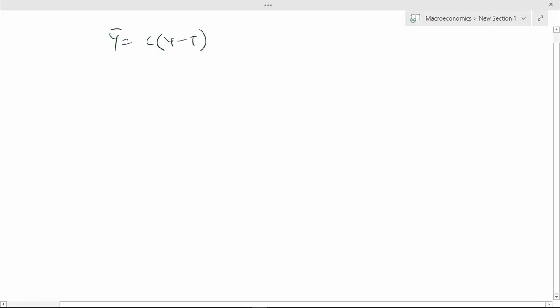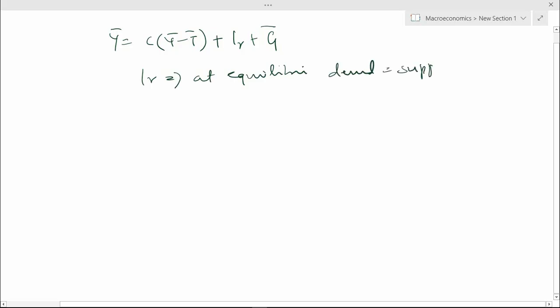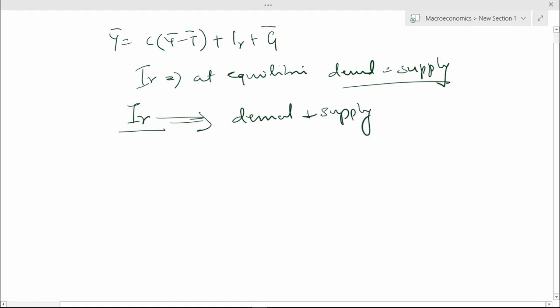When we're looking at IR, ultimately we understand that at equilibrium, demand is equal to supply, which means the interest rate IR is the prime decider of demand and supply within the system.